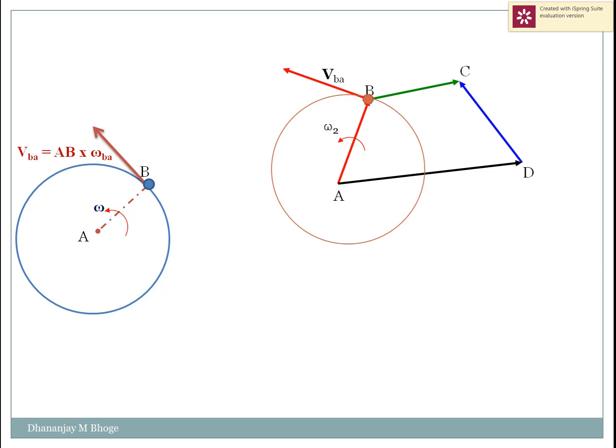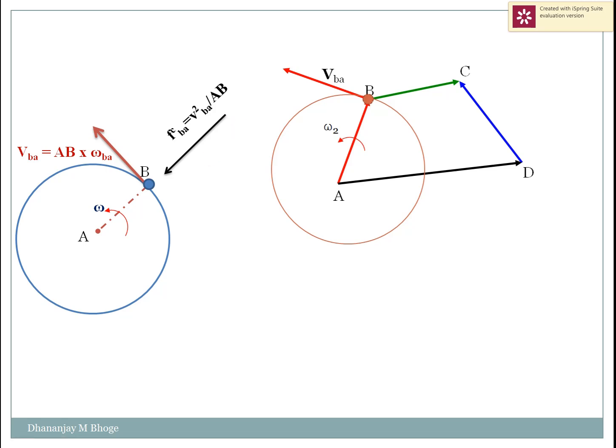Now since B is rotating with respect to A, it will have two components of acceleration. First is centripetal component, whose magnitude is equals to v square upon radius of rotation AB, and direction is parallel to the radius of rotation or parallel to the link AB, and it is directed towards the center of rotation A, like this.